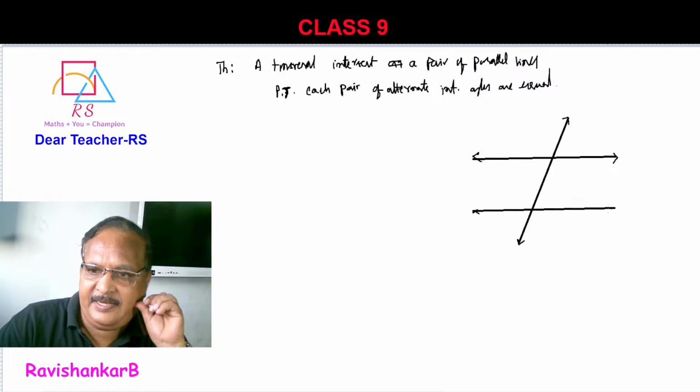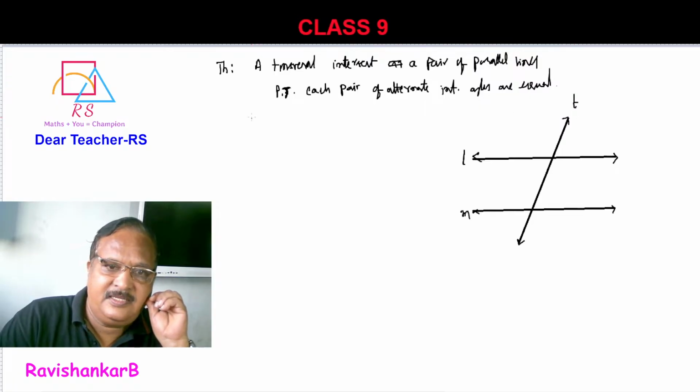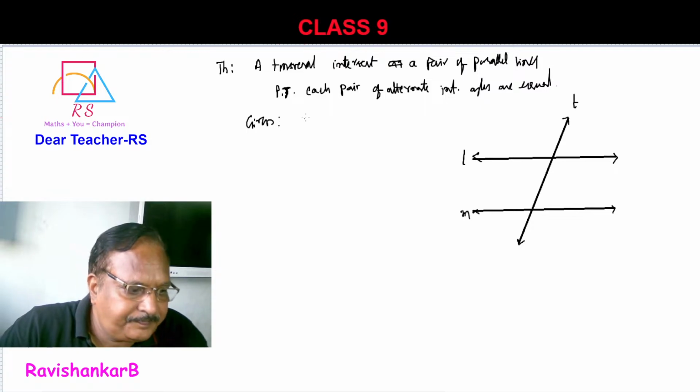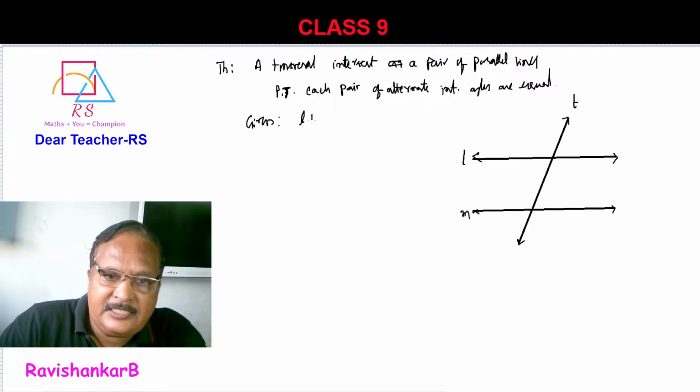You won't get full marks. So l and m are parallel lines and t is the transversal. As per the figure, I will write the given: l is parallel to m and t is the transversal.